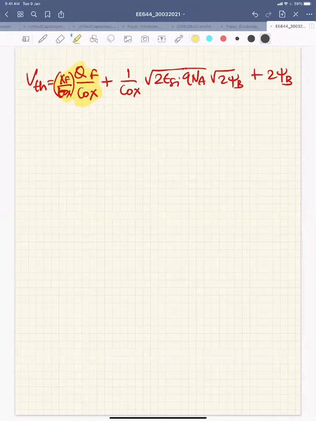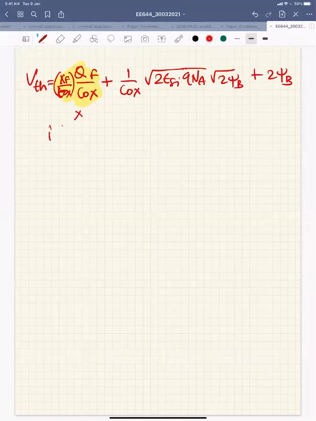If your charge is located right at the metal and silicon dioxide interface, then your XF will be 0 and this term will not be there. But if the charge is located at the silicon and silicon dioxide interface, then XF will become Tox, and the whole amount of QF by Cox will be added to the threshold voltage. But keep in mind, here this QF is negative.